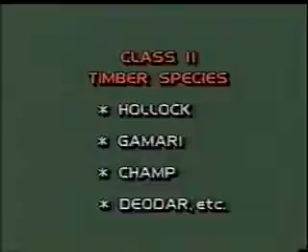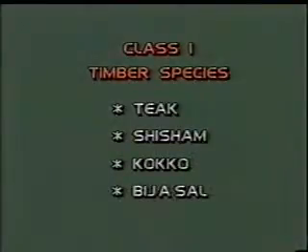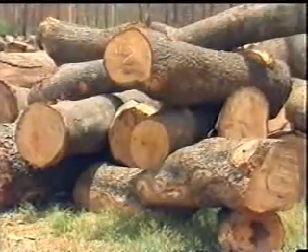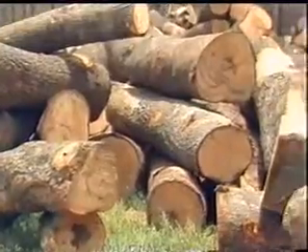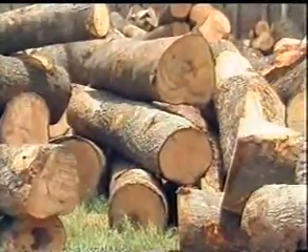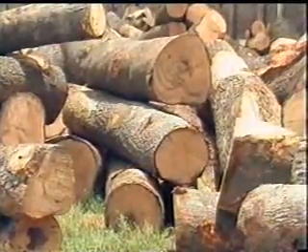However, where desired, Class I species such as teak, shisham, cocoa, bijasal, etc. may be used. The parts of the tree mainly used are the trunks and sturdy straight branches.